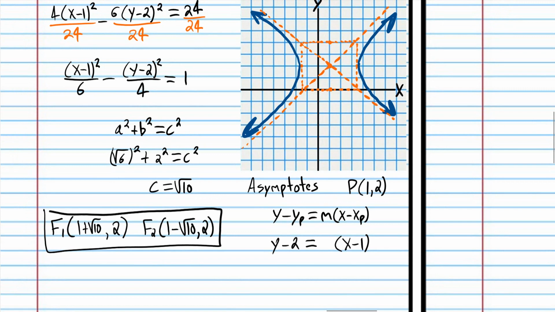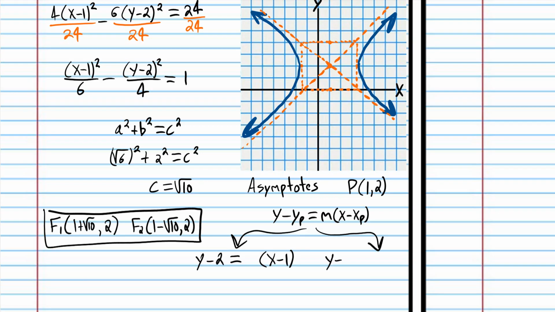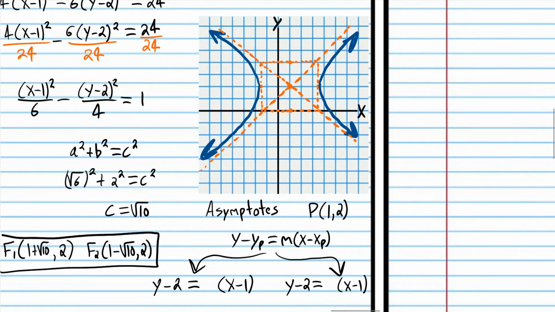We just have to find the slope of the lines. And there's going to be 2 lines, 2 asymptote lines, right? 1 over here and 1 over here. They're just going to have different slopes. They're going through the same point. They're going to have different slopes.